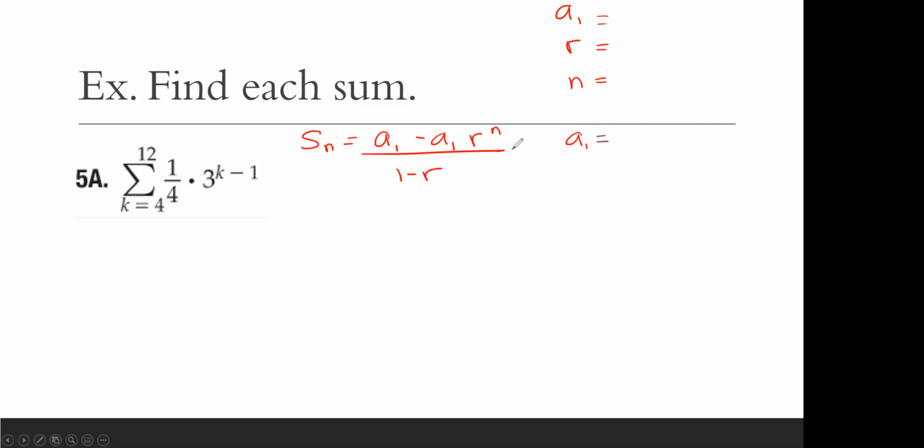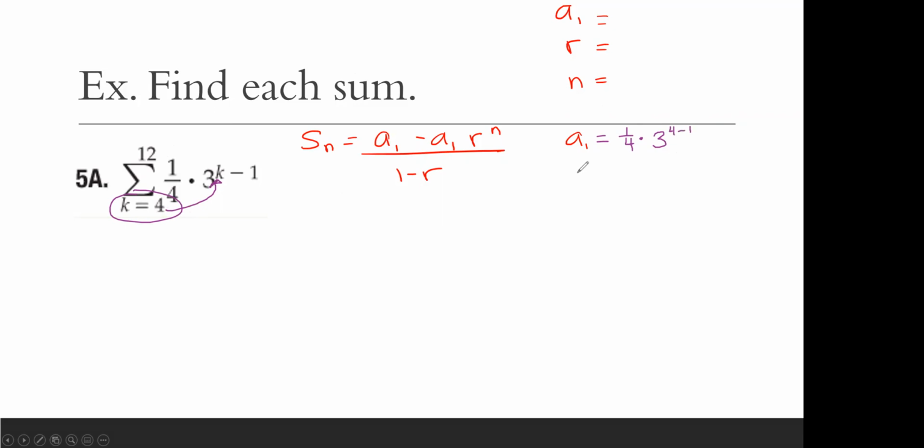So first thing we're going to do is figure out a sub 1. The way we do that is this tells us k is equal to 4 for that first term. So we would plug into this function 1/4 times 3 to the power of k minus 1, plugging in 4 for k.